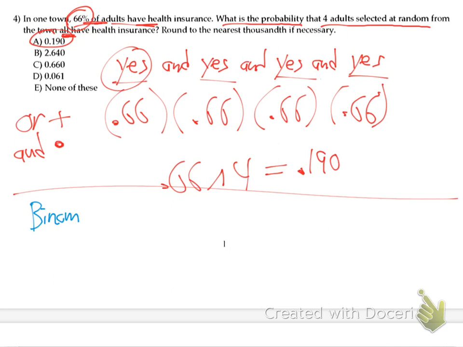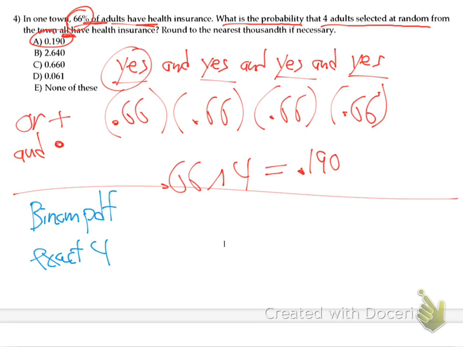Are they saying we want at least 4 people to say yes, or less than 4, or more than 4? No, exactly 4 people. So this is an exact 4 question, so it's binom PDF.